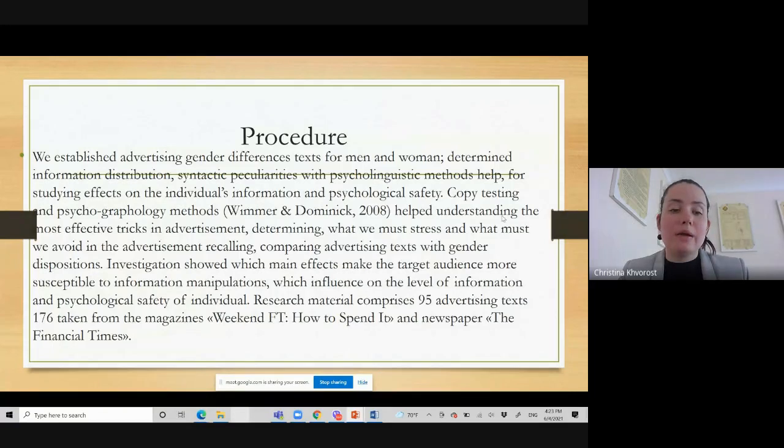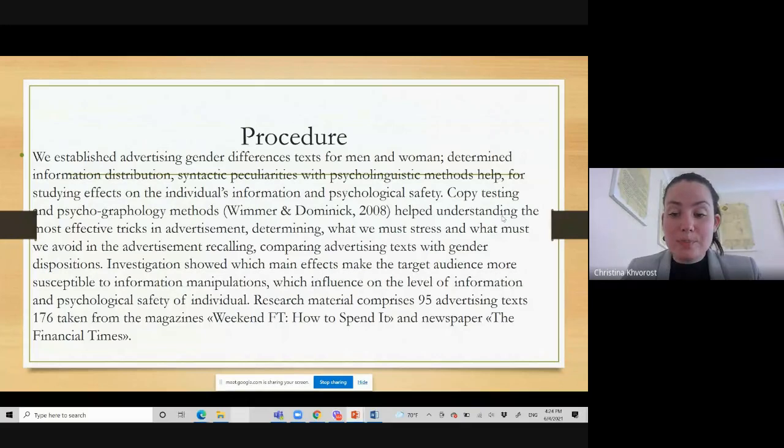The investigation that I'm honored to introduce to you had two parts. The first part showed main effects that make the target audience more susceptible to information manipulations, which influence the level of information and psychological safety of the viewer.